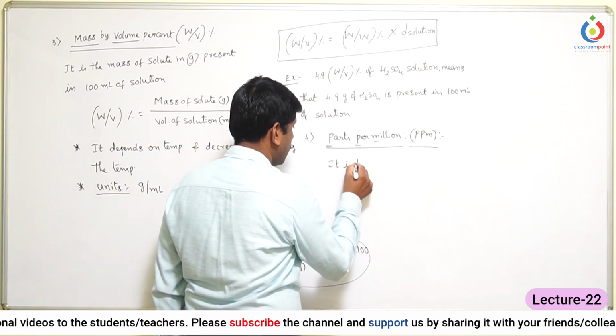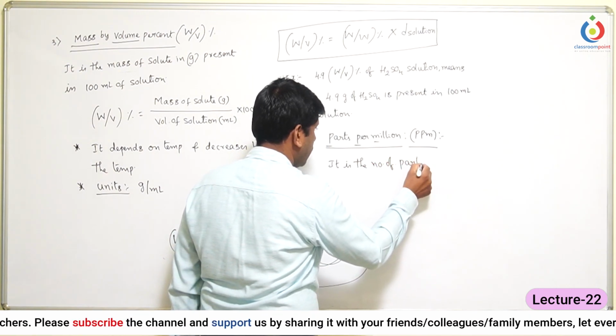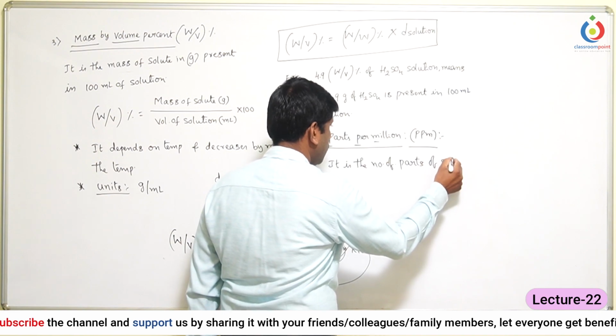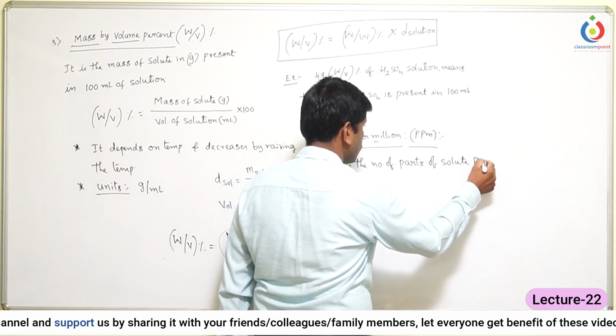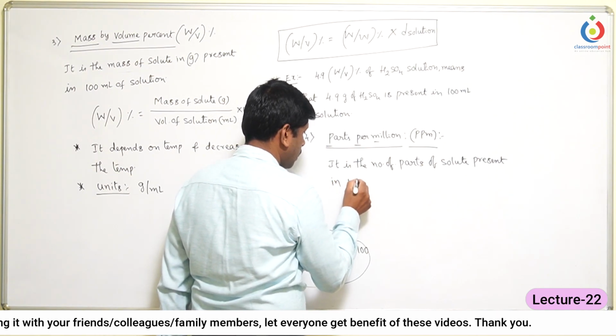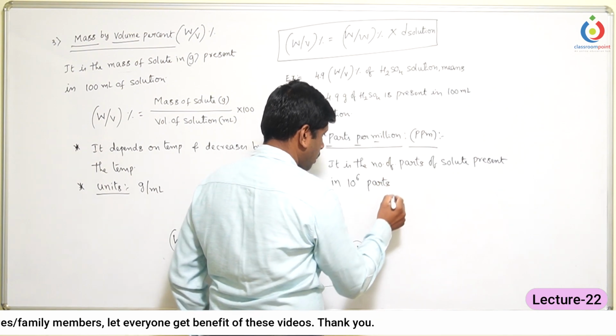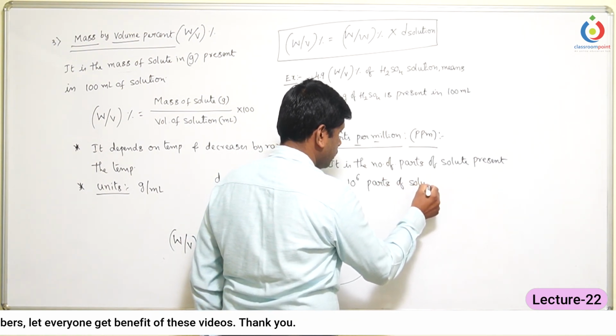It is the number of parts of solute present in 10 power 6 parts, that means 1 million parts of solution.